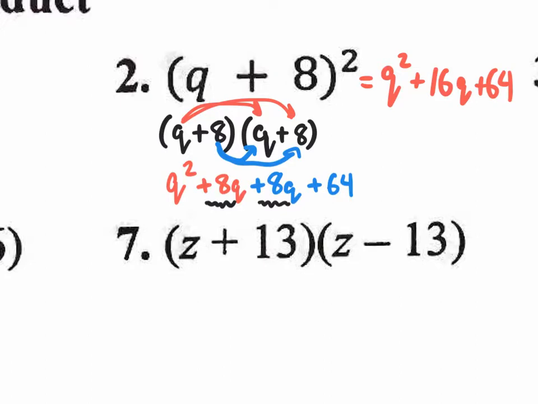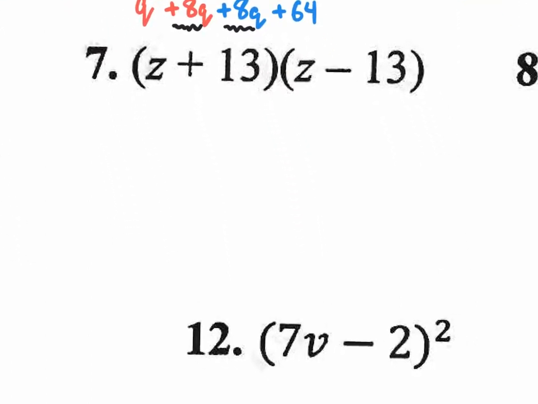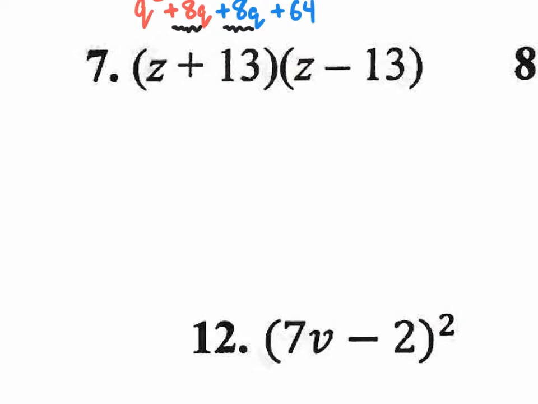But where you do have a binomial times itself and one's plus and one's minus, right there it's nice to use a shortcut. Now you don't have to, but it's nice. Let me just jump straight to the answer down here. Now remember, when you do have (a + b) times (a - b), you could do the shortcut a squared minus b squared.